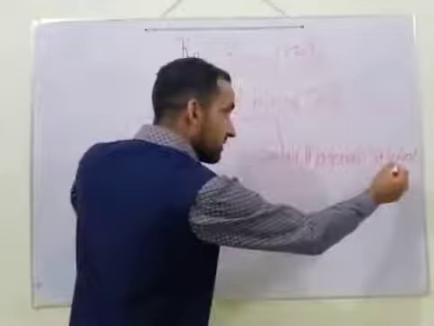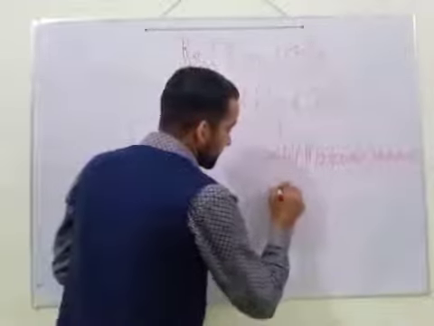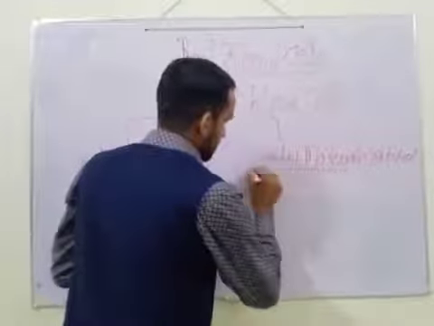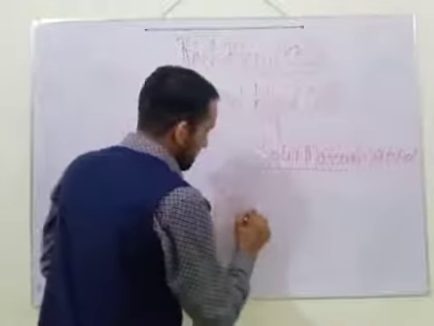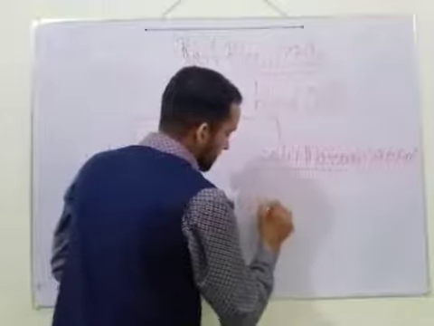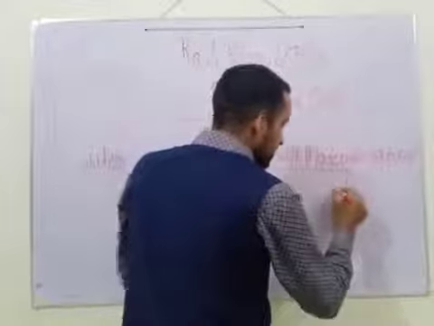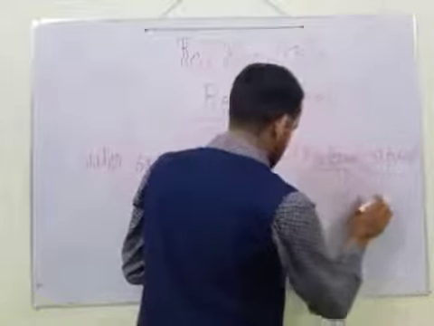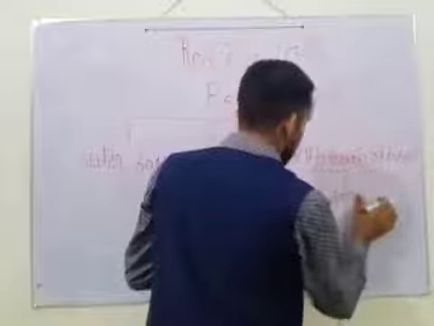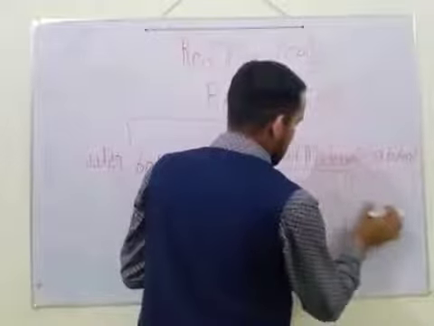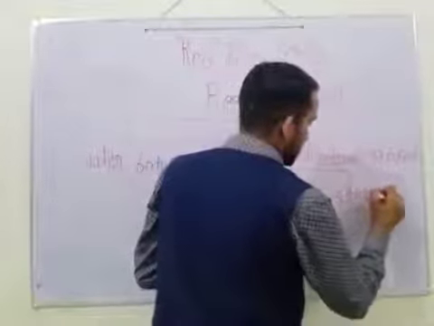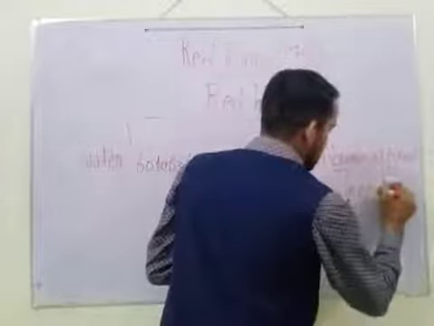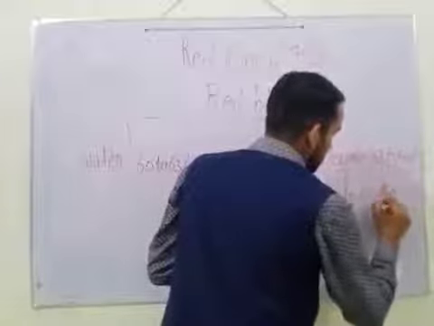In this 37 to 40%, 34% is HB molecule, and the remaining 3 to 6% is other protein or other material.